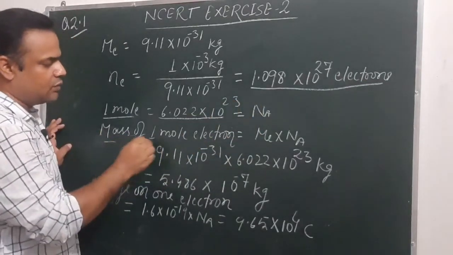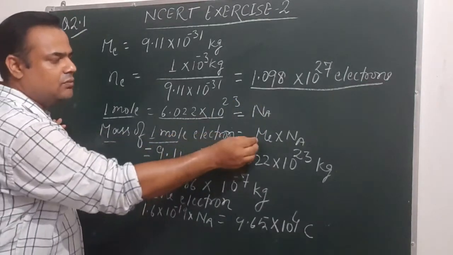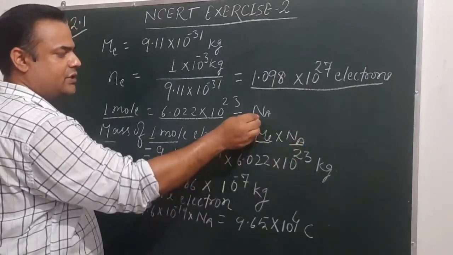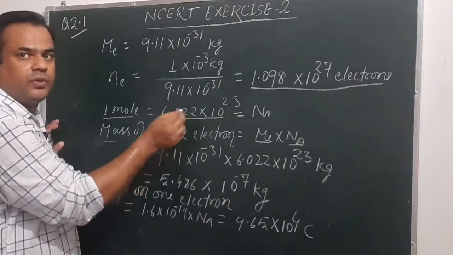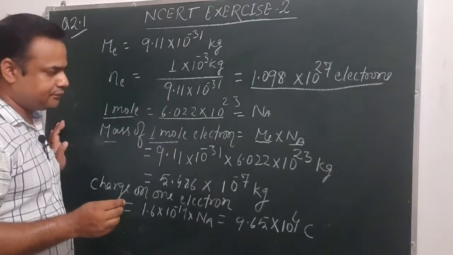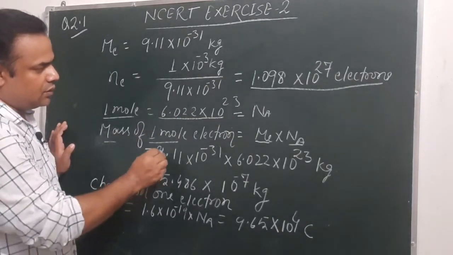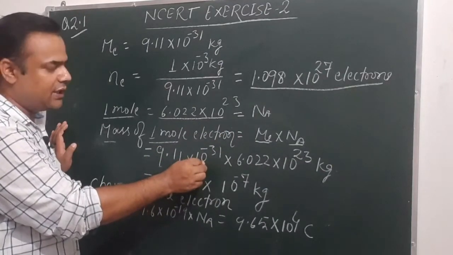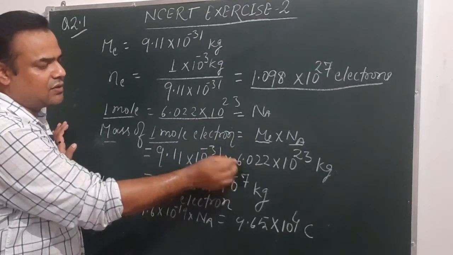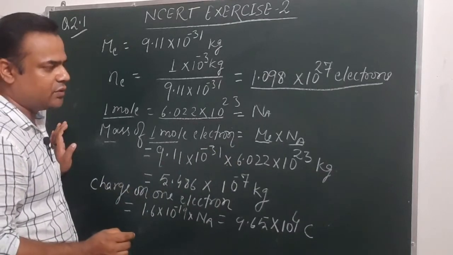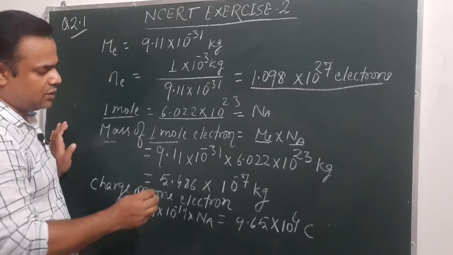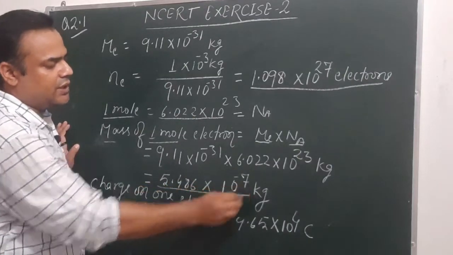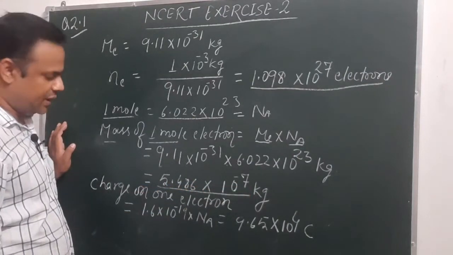So the mass of 1 mole electron will be equal to the mass of 1 electron times Avogadro number Na, which is 6.022 × 10^23. So the mass of 1 electron is 9.11 × 10^-31 kg multiplied by 6.022 × 10^23. On multiplying, we'll get 5.486 × 10^-7 kg.